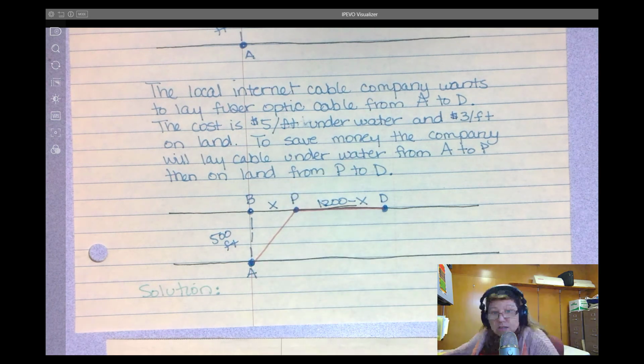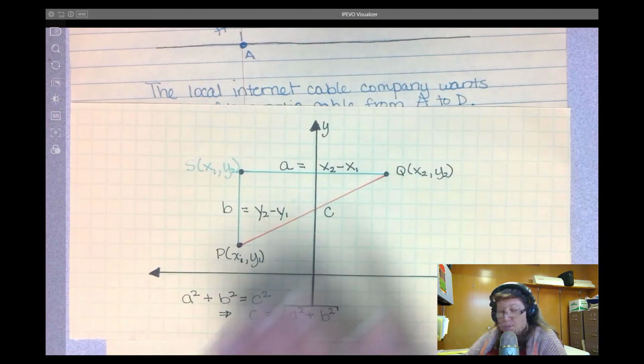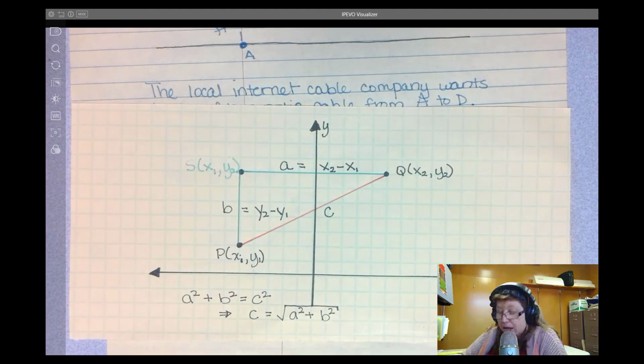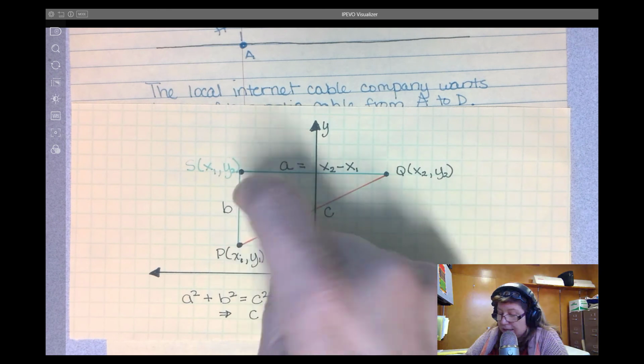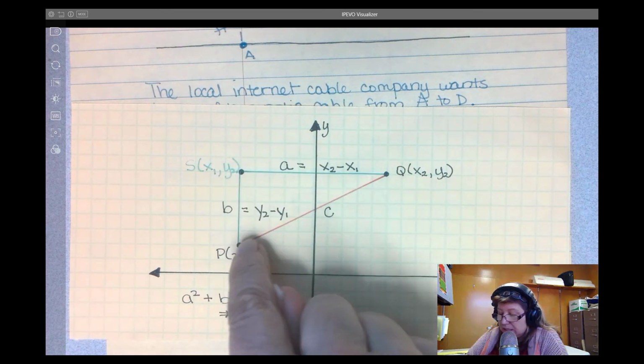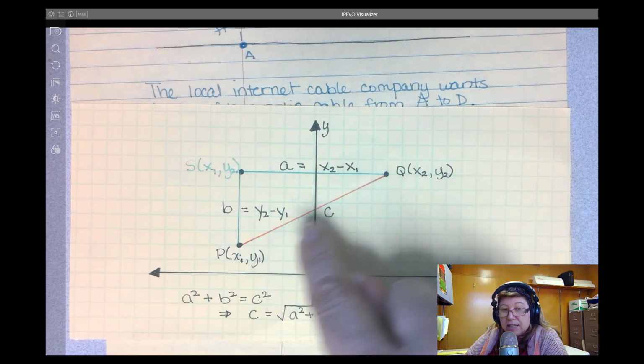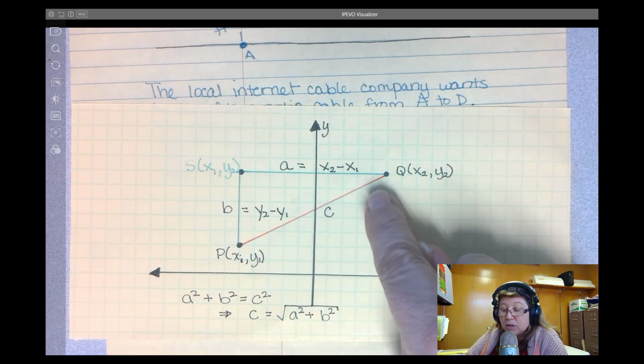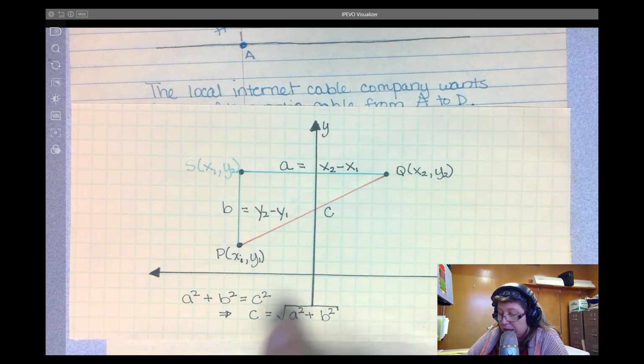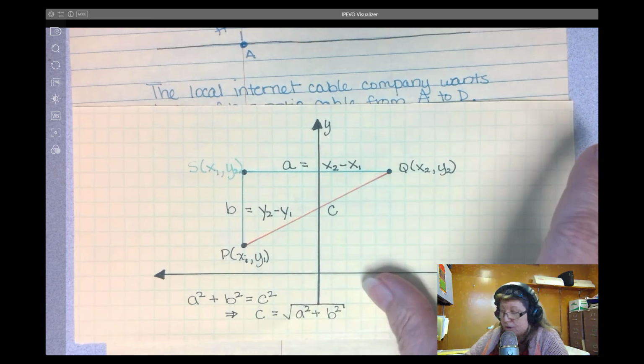So just to bring back into your head, Pythagorean theorem, A squared plus B squared equals C squared. So this distance C, the hypotenuse, aka the diagonal of the right triangle, is going to be the square root of A squared plus B squared. Okay.